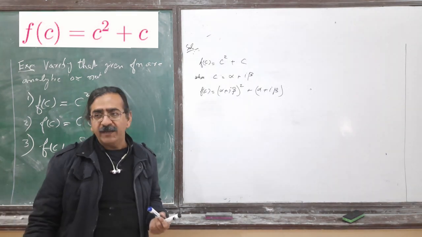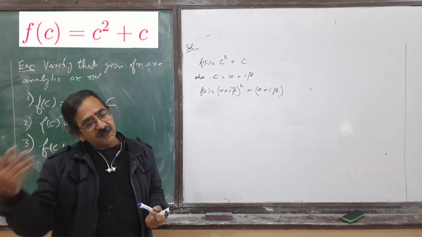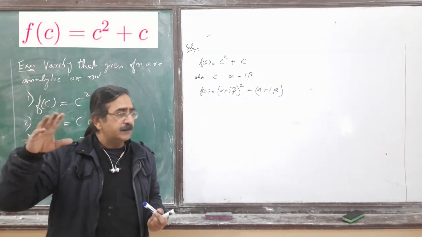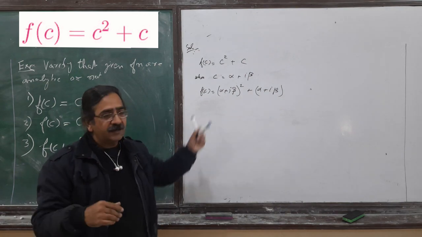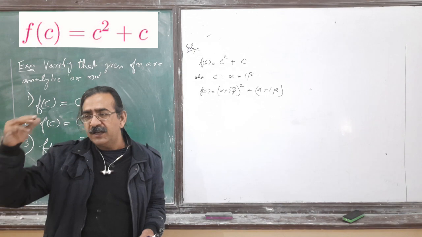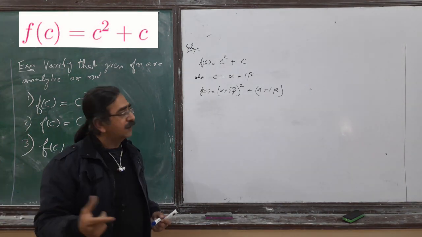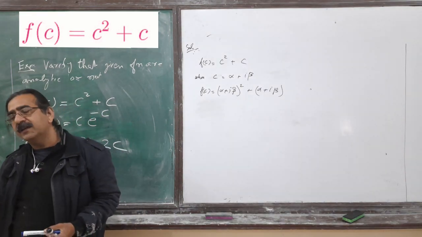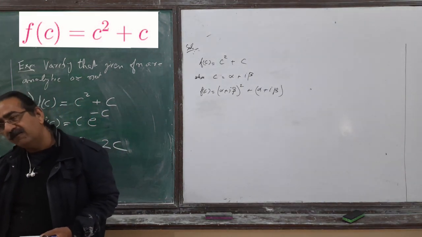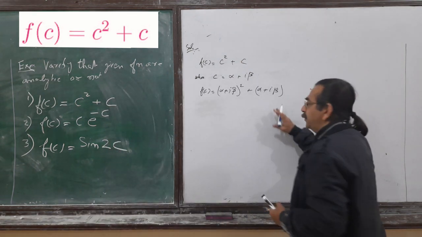There may be x, y, time, velocity, acceleration, whatever; they are real variables. So they may be x, y, or x, z, x, t, whatever they are. Okay, and we have already explained.